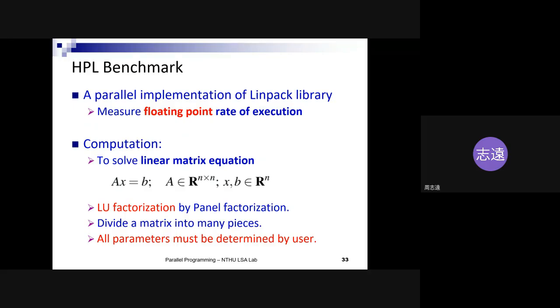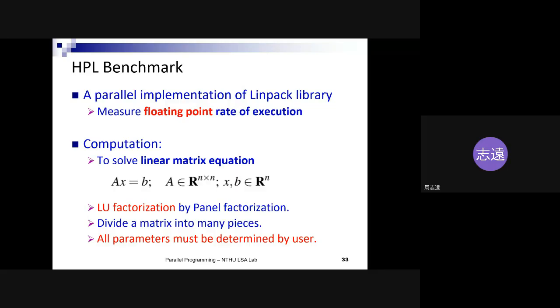As mentioned, the purpose is to measure flops. Specifically, the HPL benchmark implements a very simple application. It is an application that tries to solve a linear matrix equation, just like what we show over here. This is a very simple equation. However, of course, all the variables in this equation are floating point, and in order to solve it, you need those floating point operations.